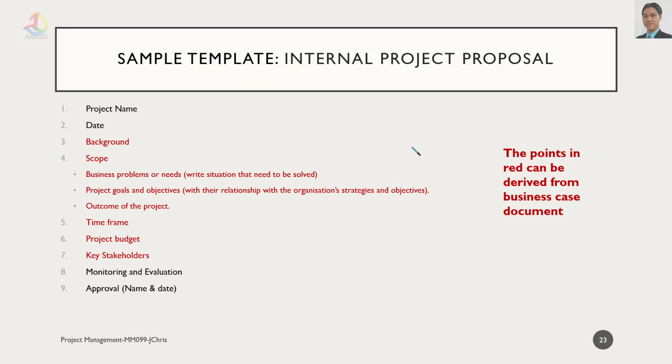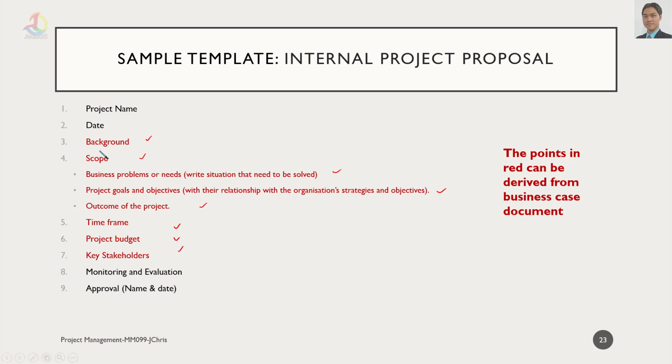This is a sample template of internal project proposals. It consists of mainly 9 parts, whereas the red color marks the points that need to be included and need to be more defined. So one is project name and then date.